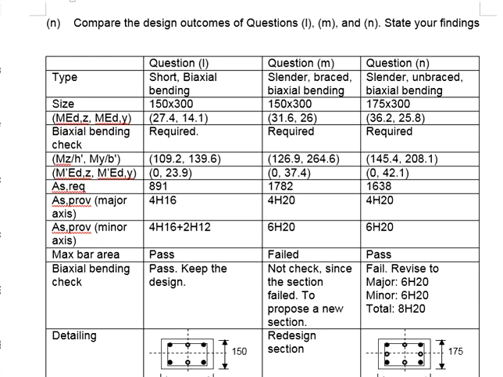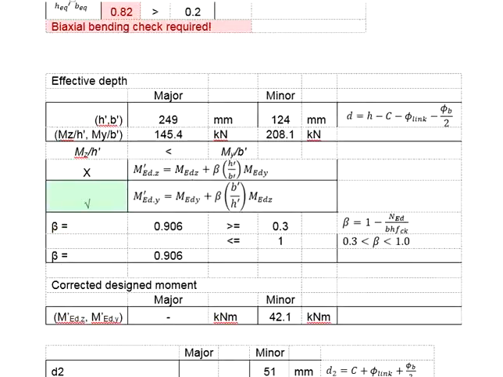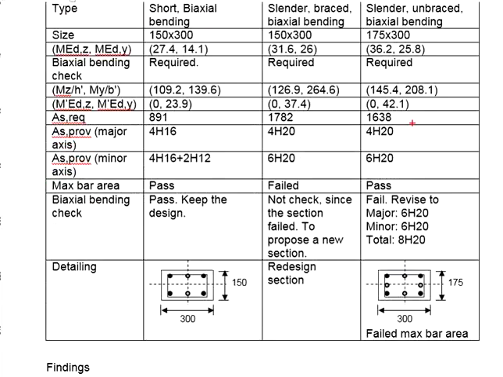Knowing the minor axis is more critical, you will need to determine the M prime EDY, taking the moment acting onto the minor axis plus the influence due to the other axis. This leads to a significant increase in terms of the moment that later you're going to use to design for the reinforcement.